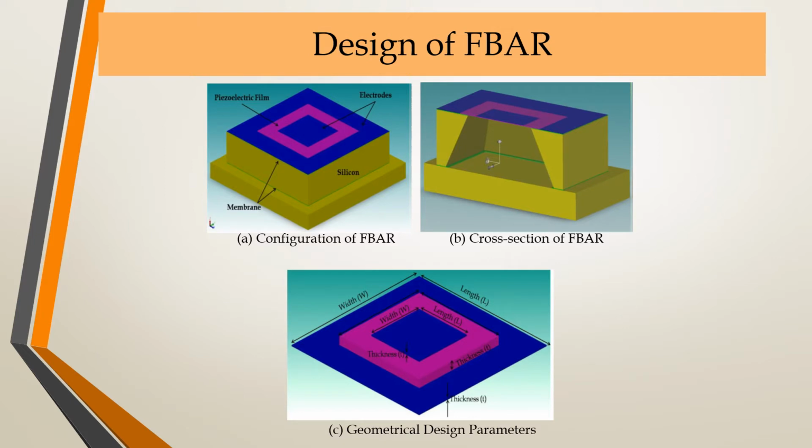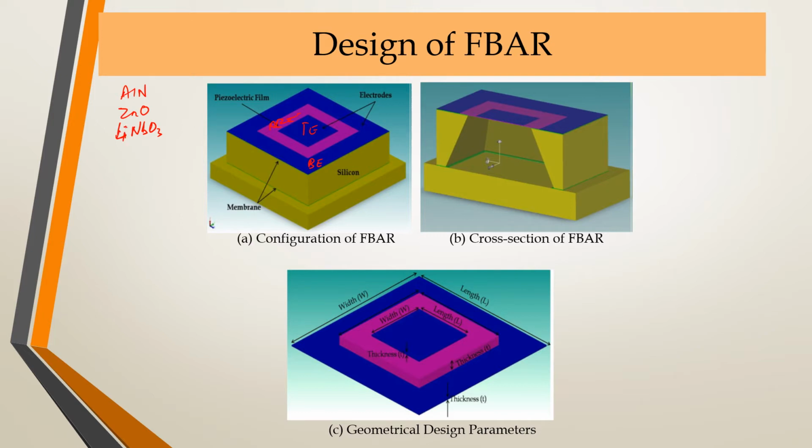The design of FBAR. As you can see, figure A shows the configuration of an FBAR. An FBAR consists of a piezoelectric thin film sandwiched between top electrode and bottom electrode. The piezoelectric materials can be aluminum nitride, zinc oxide, lithium niobate, and other available materials that can be used to design the FBAR.